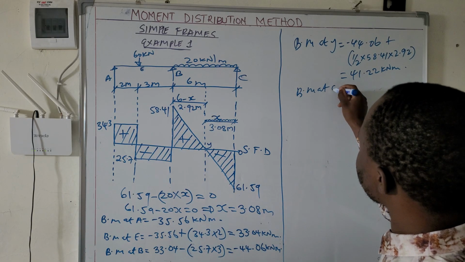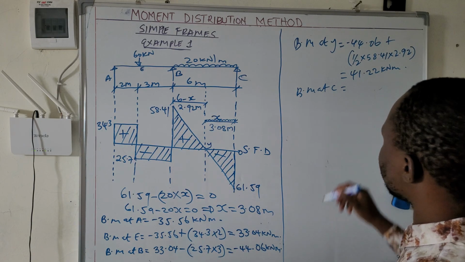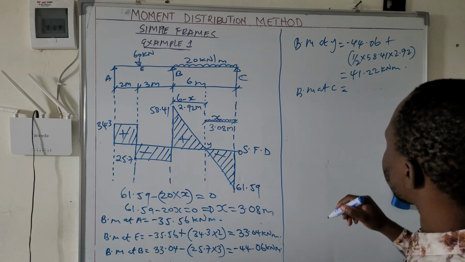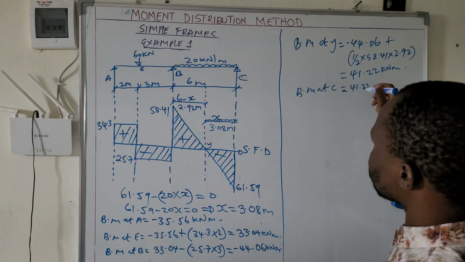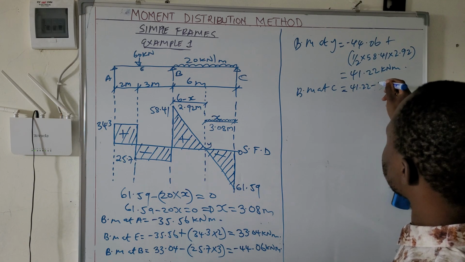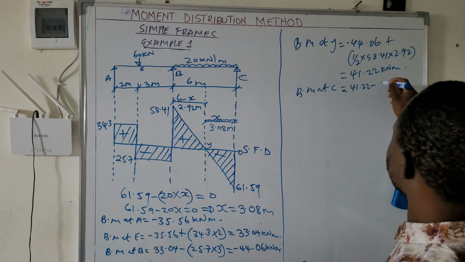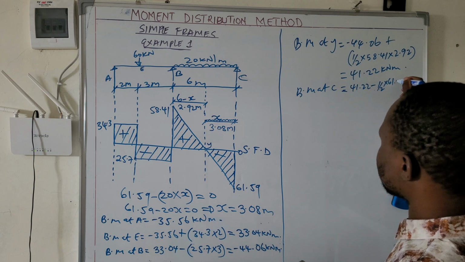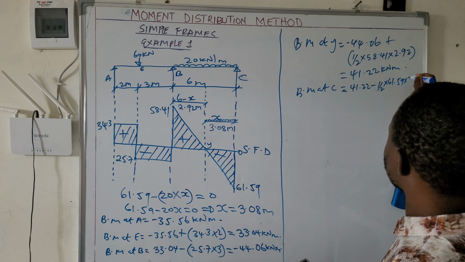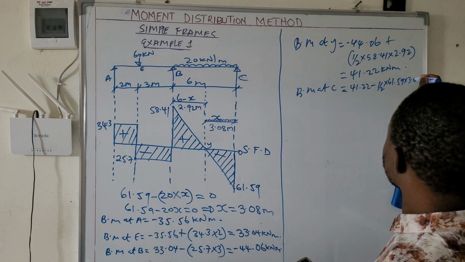Then bending moment at C will be bending moment at Y, which is 41.22, minus the area of this, which is a half times 61.59 times 3.08.